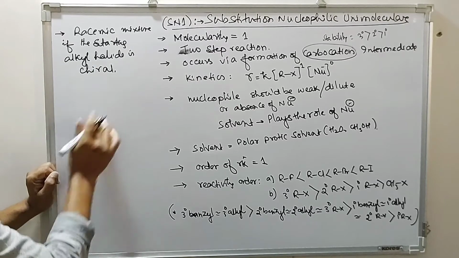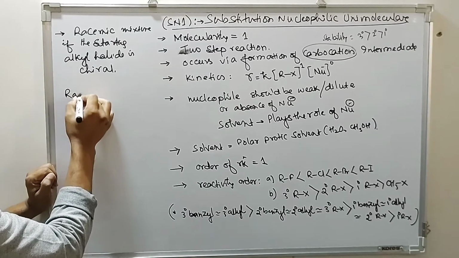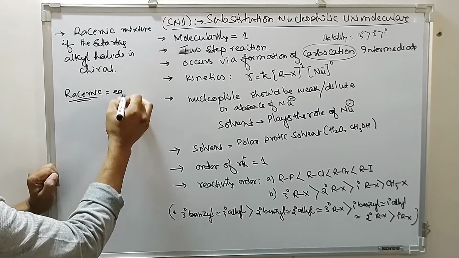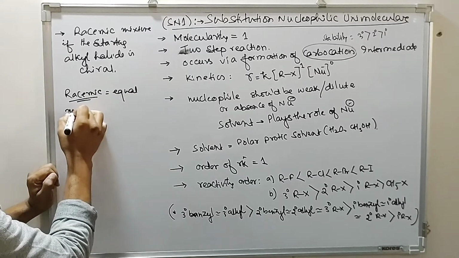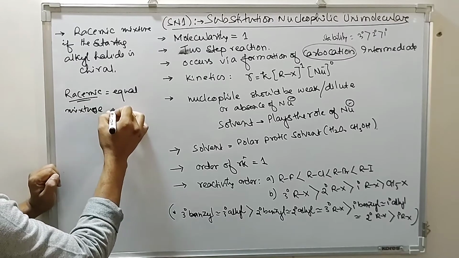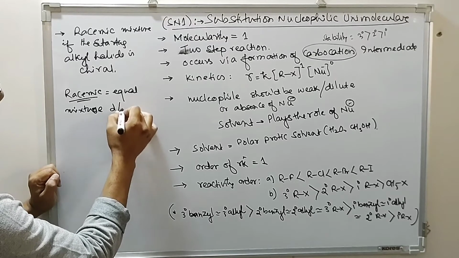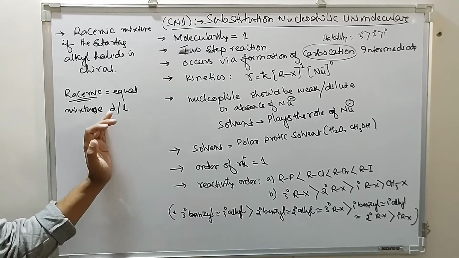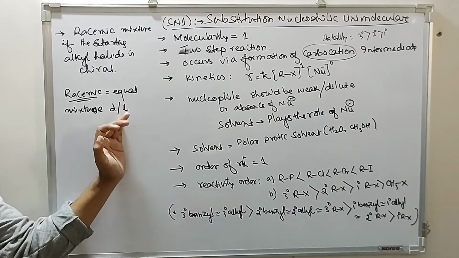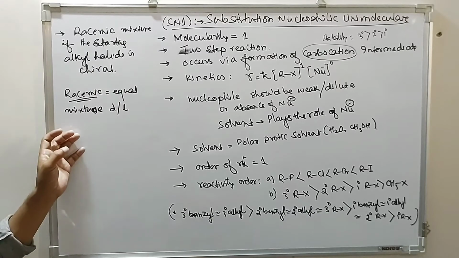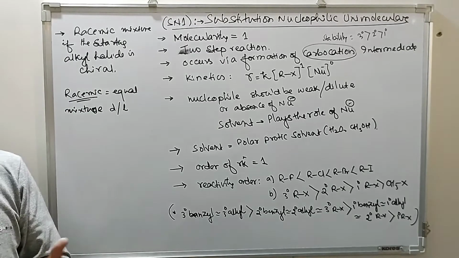So racemic means an equal mixture of dextro and levo form. A 50-50 ratio of dextro form and levo form will be formed. That is what we call a racemic mixture. So racemic mixtures are optically inactive.